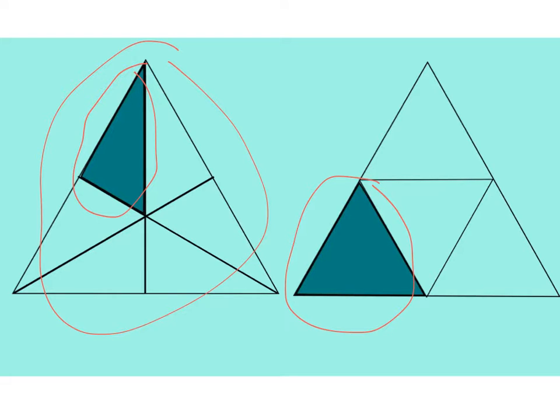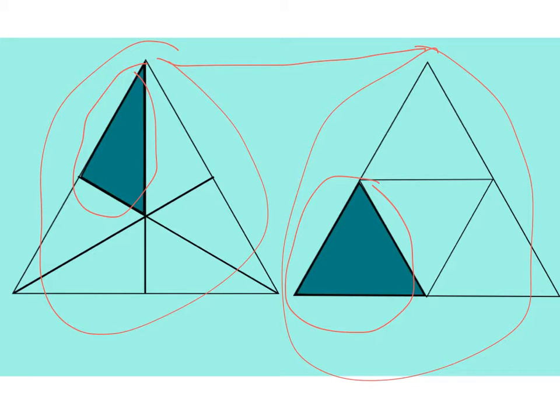But one of the ways I could figure that out for sure was to go ahead and count the parts, because I can see that these 2 whole triangles are the same. So they're partitioned differently, and that would help me figure out if they were the same size.